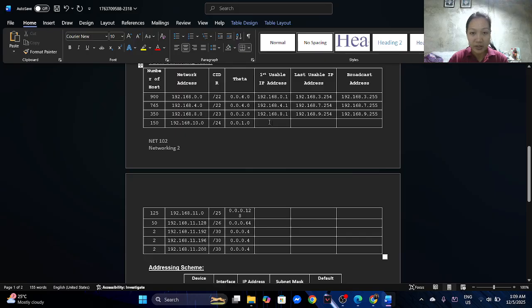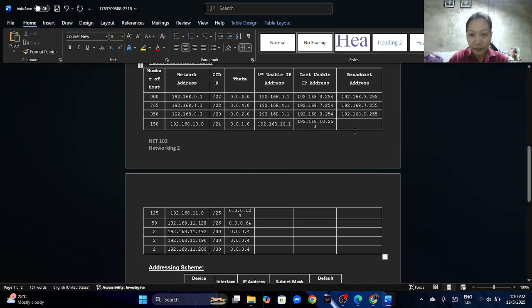For host 150, first usable address would be 192.168.10.1. Last usable address would be 192.168.10.254. And broadcast address 192.168.10.255.